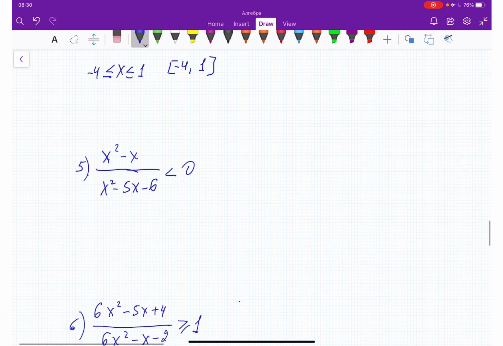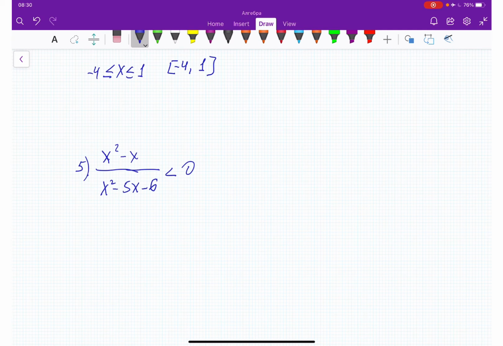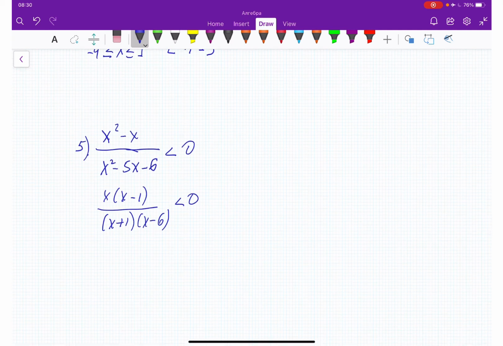So before I do anything else, I'm going to simplify this. Taking x out, I'm going to get x times x minus 1, and x squared minus 5x minus 6, I'm going to break down x plus 1, x minus 6, and that is less than 0. Okay, so how are we going to solve this one?